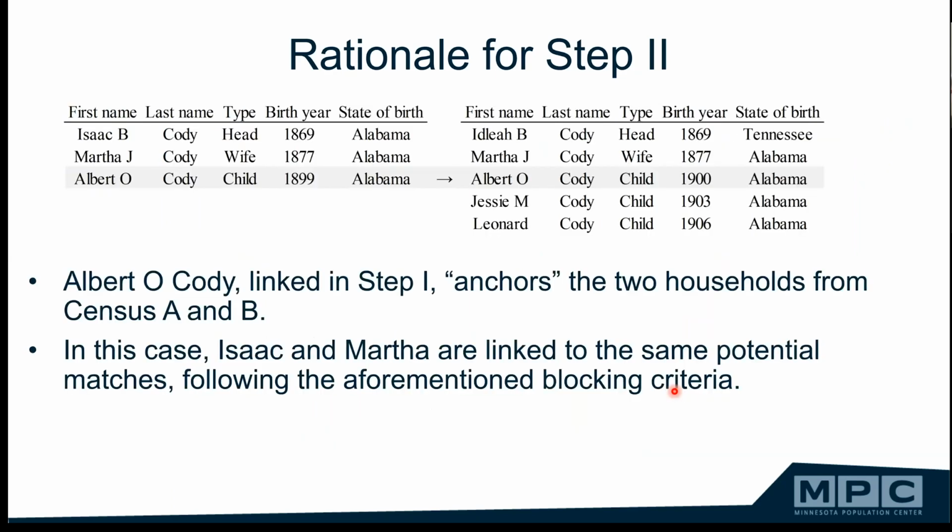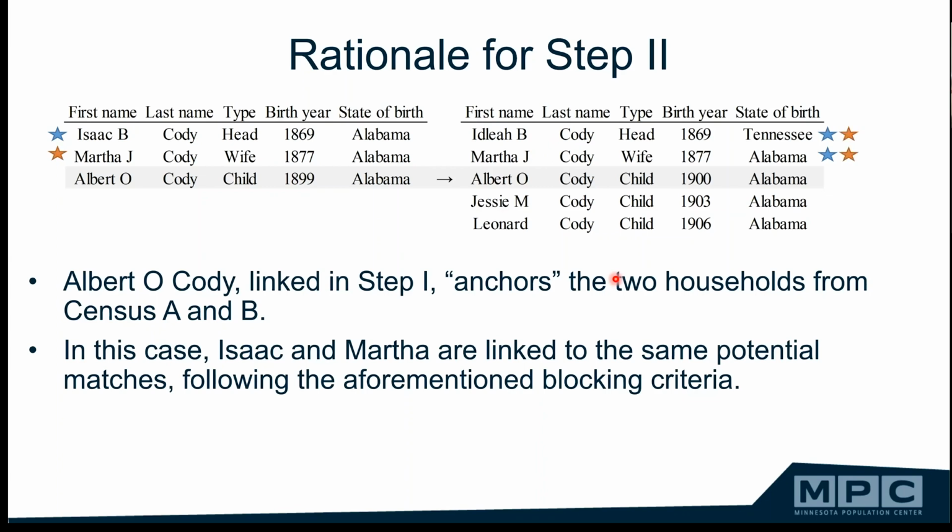So in this case, Albert O. anchors these two households from census A and census B. And since we've relaxed now even the gender blocking criteria, that means that Isaac here will be linked to both Idlea B and Martha J as potential matches.